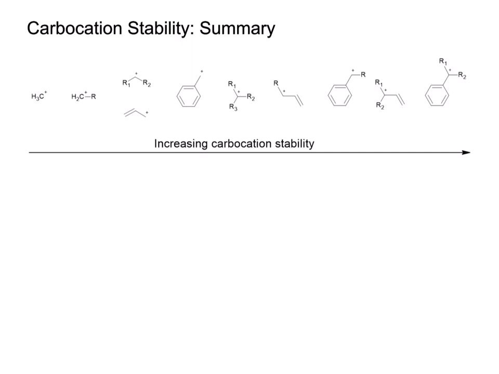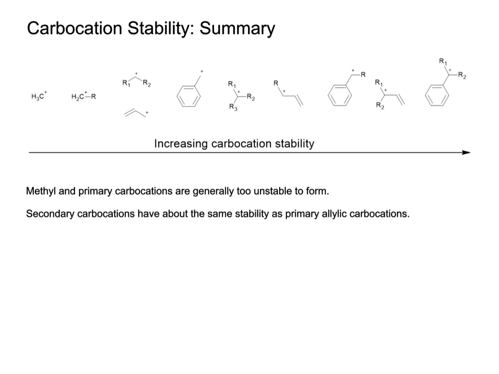I've created this image here, which shows kind of a scale of increasing carbocation stability. To review, methyl and primary carbocations are generally too unstable to form. That's why they're shown all the way on the left. Secondary carbocations have about the same stability as primary allylic carbocations.